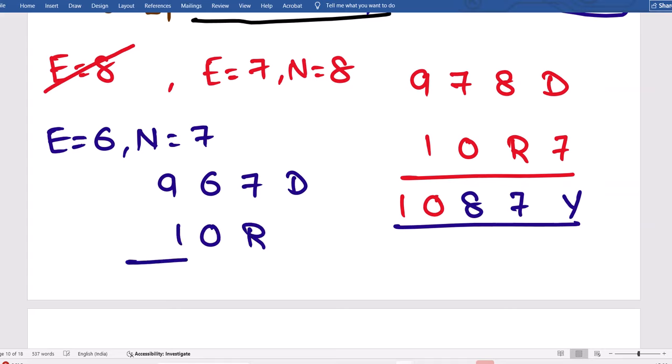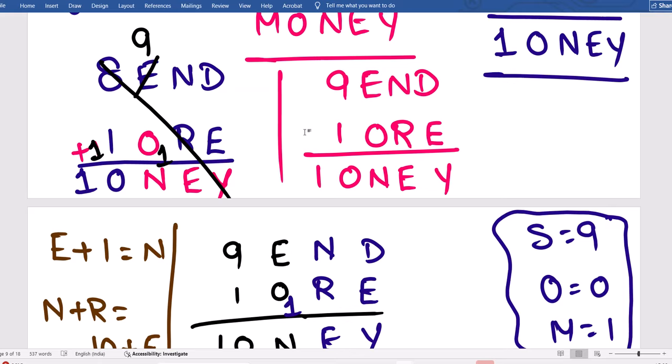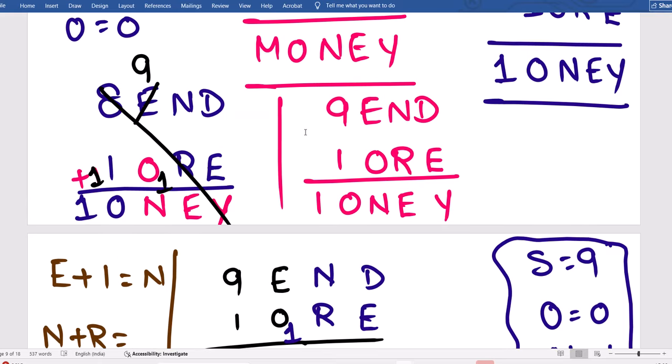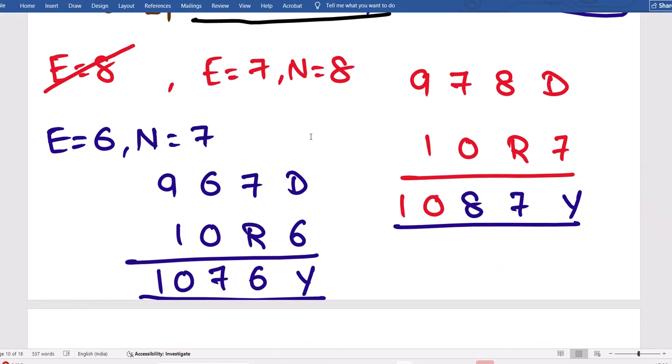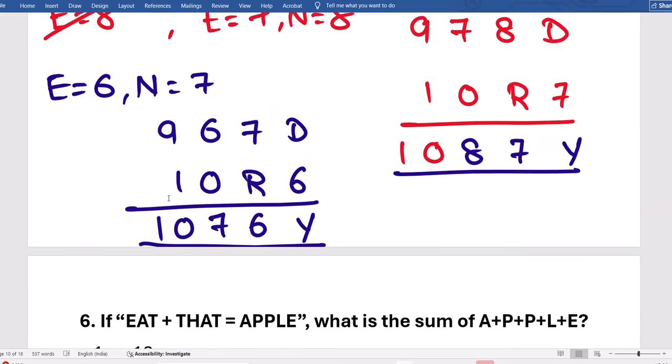Now, or if you go with S value 8, 1 carry required, E9. Yeah, I think R8 here is possible, right?